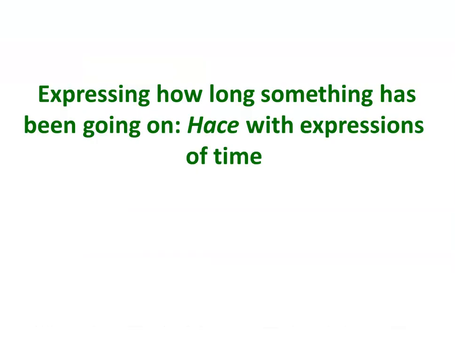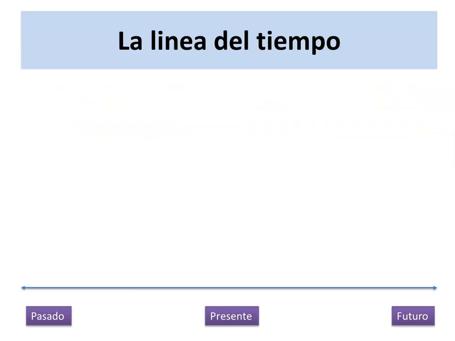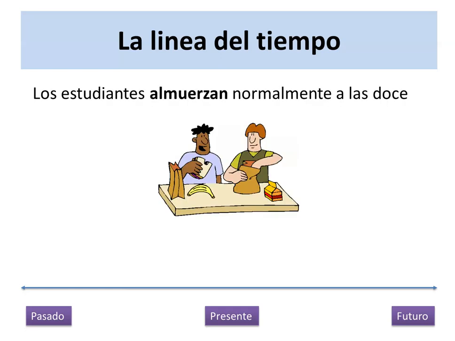Muy bien, the next section is expressing how long something has been going on, hace with expressions of time. We have this timeline, pasado, presente, and futuro. And, por ejemplo, I can say something that usually happens. Los estudiantes almuerzan normalmente, and we are using an adverb, normally at noon.